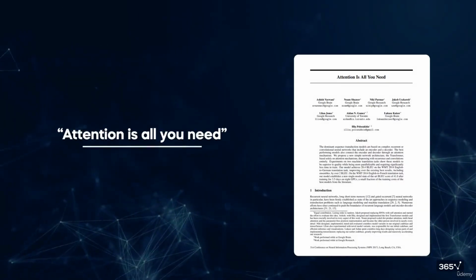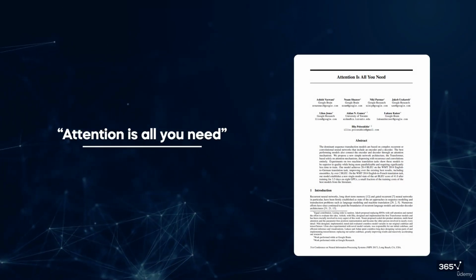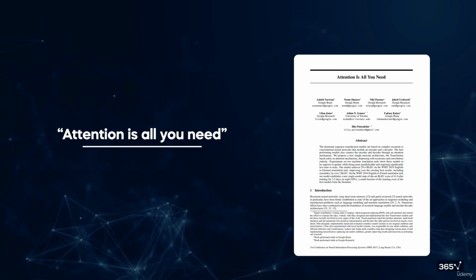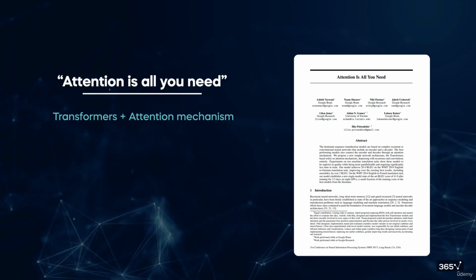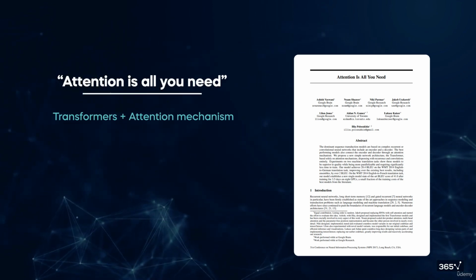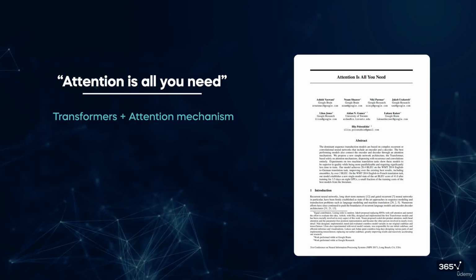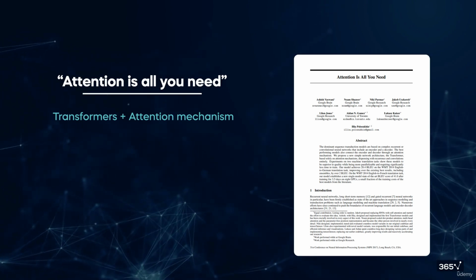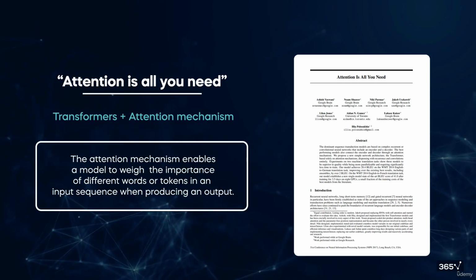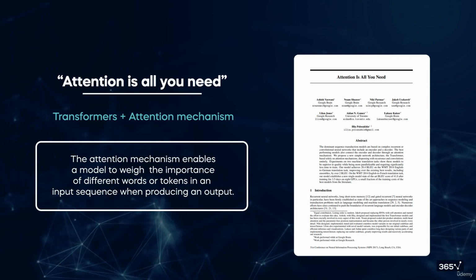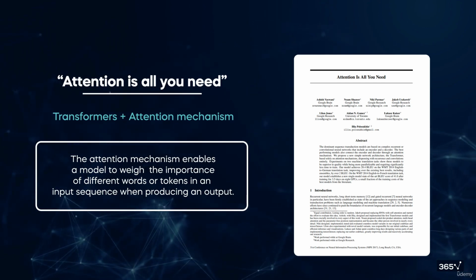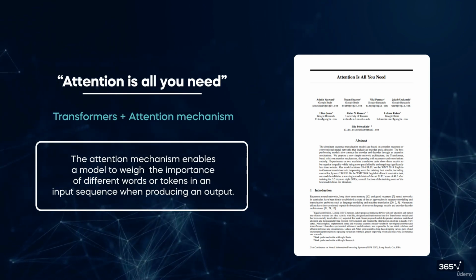In 2017, a paper was released titled "Attention is All You Need," where the researchers introduced the concept of transformers along with the attention mechanism that formed a fundamental part of these models. The attention mechanism enables a model to weigh the importance of different words or tokens in an input sequence when producing an output.